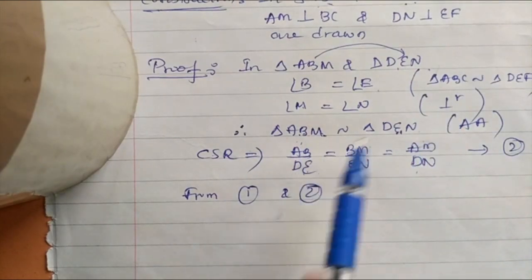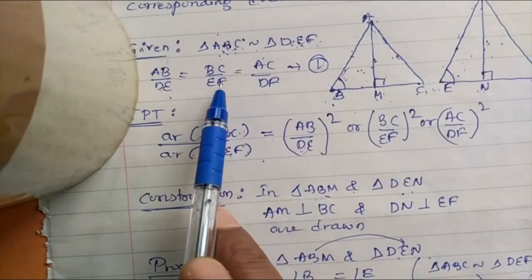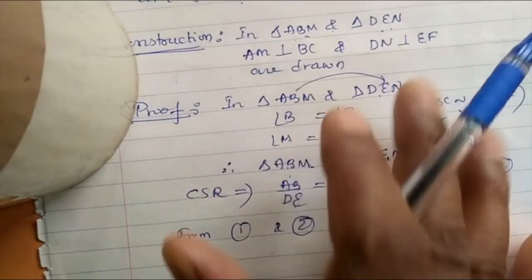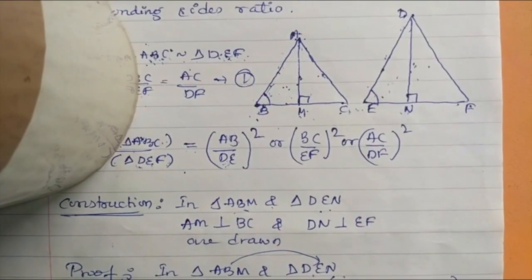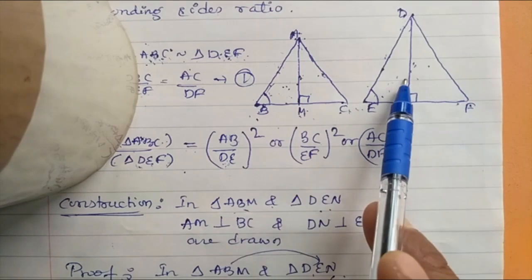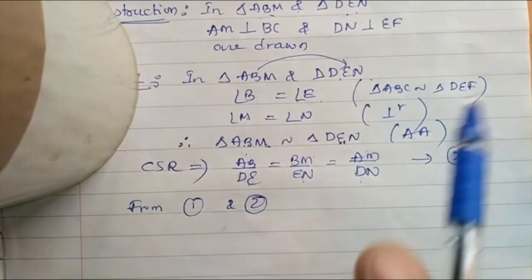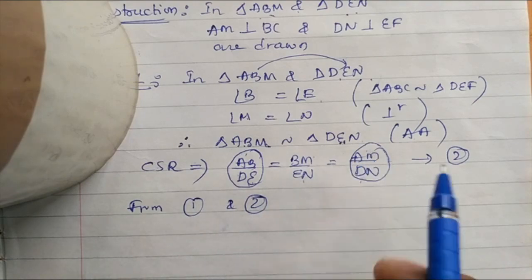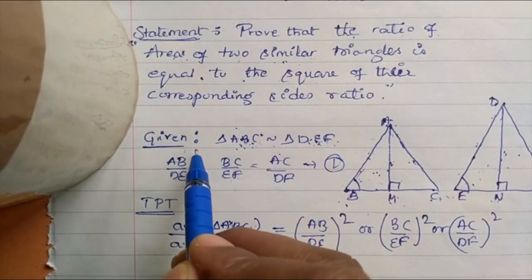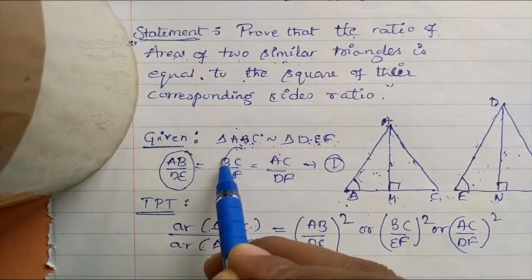Then from 1 and 2, what can we write? AB by DE is equal to BC by EF, and AB by DE is equal to AM by DN. AM and DN are what? Perpendiculars. So AB by DE, AM by DN, and here AB by DE, BC by EF.